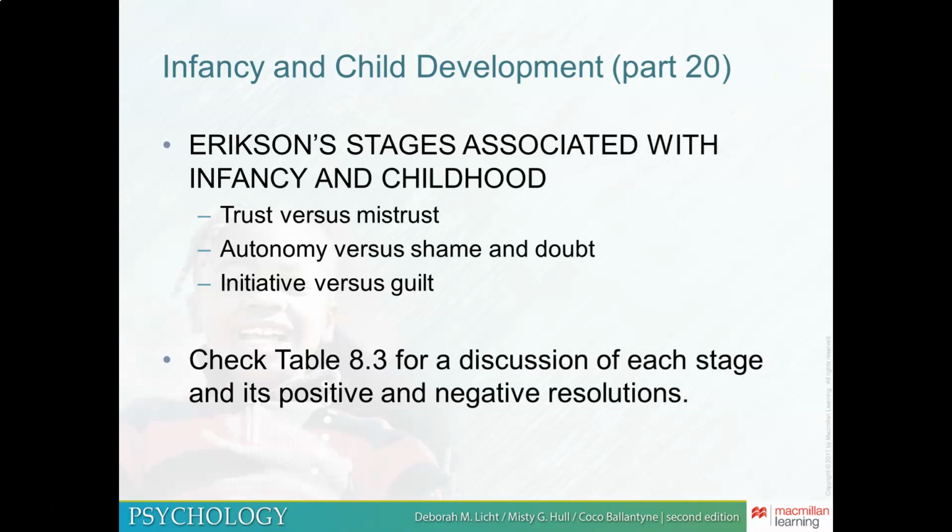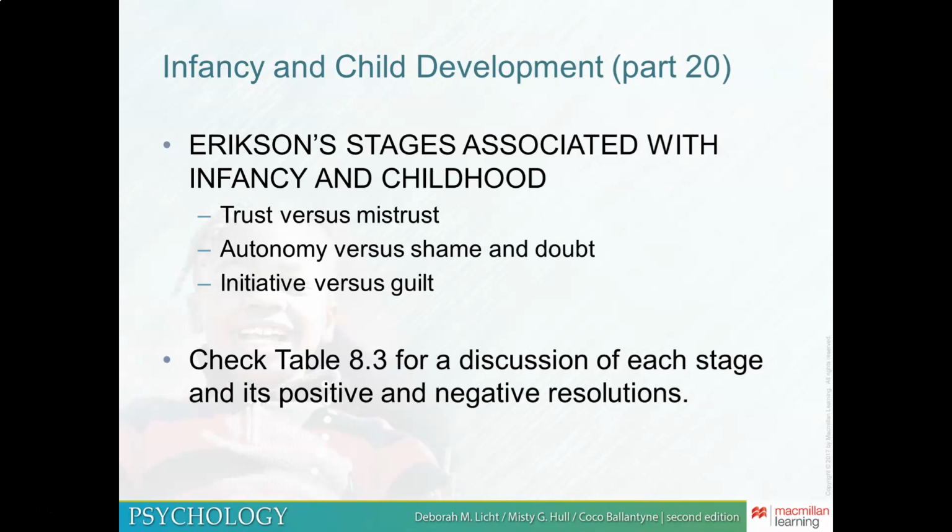And they have the autonomy versus shame and doubt stage. Autonomy refers to the baby or young child feeling that they are capable, that they can actually take care of things on their own. And then they have a sense of self-concept as a person that can take care of and manage issues on their own.